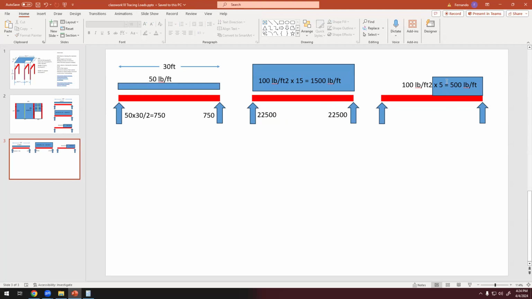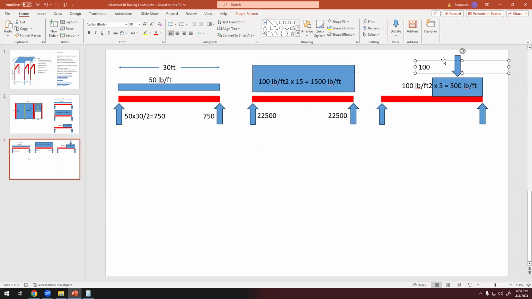So now this one is slightly more complicated because we cannot divide it by 2. So what shall we do here? First, here we need the resultant. There will be a resultant of this uniformly distributed load. It will be here in the middle of this one. And that resultant is 500 times the distance.